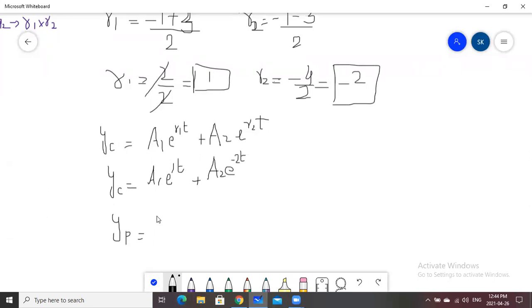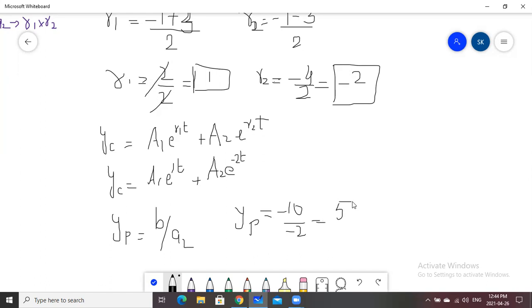Therefore, yp is equal to b divided by a2. So yp is equal to minus 10 divided by minus 2. By solving it further, the negative signs will cancel out for each other, and we will get the value of 5.